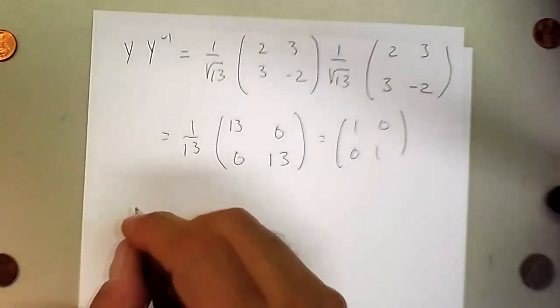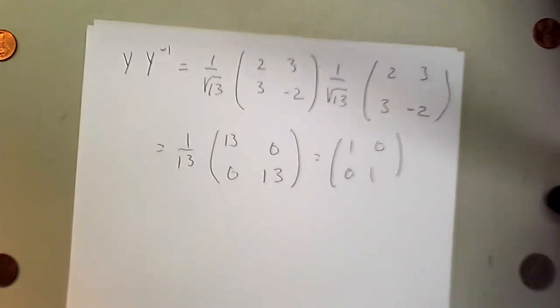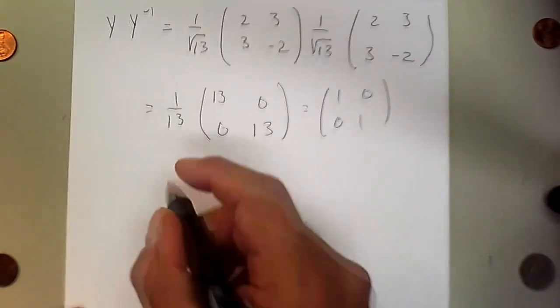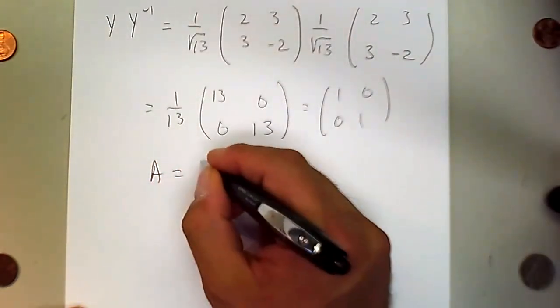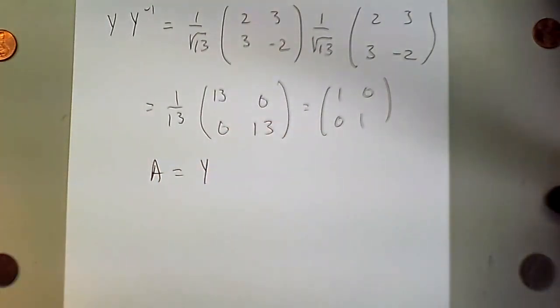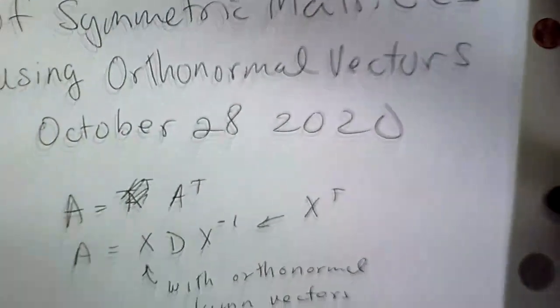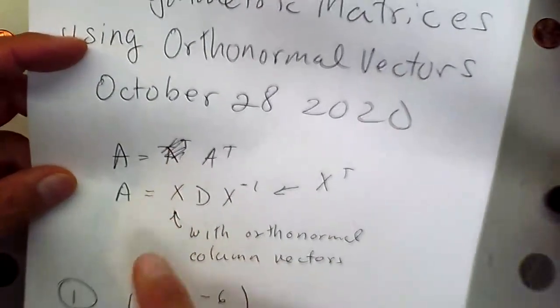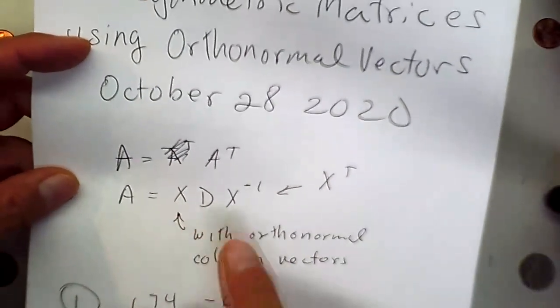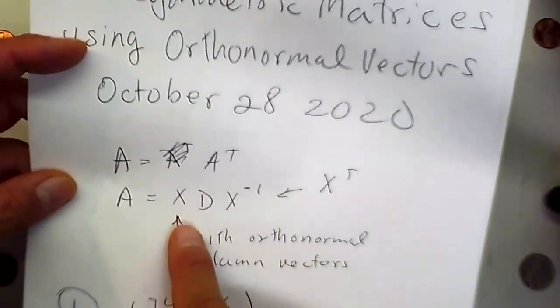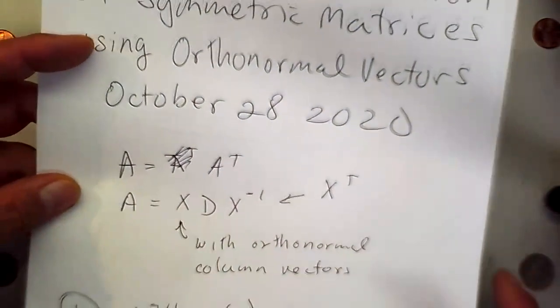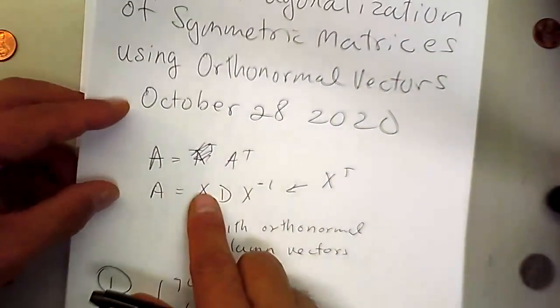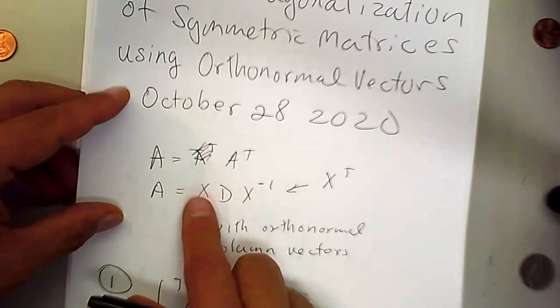So now our goal is to factor A as Y. Originally, I had mentioned X, but I changed my mind because let's reserve X for the previous video where we did not ask the columns to be orthonormal.